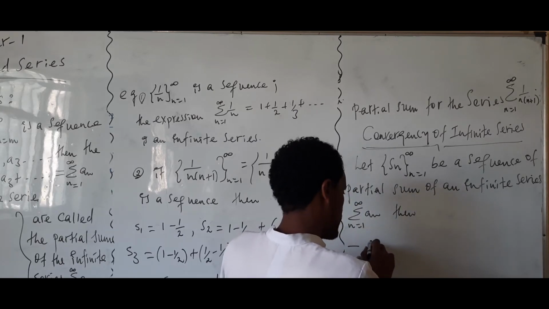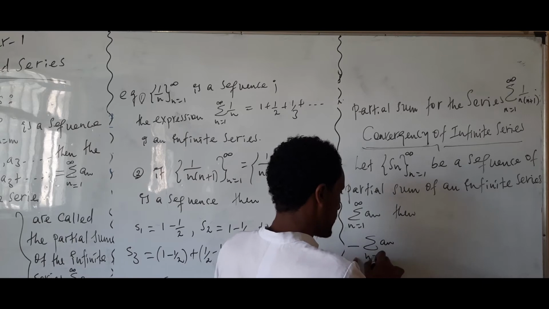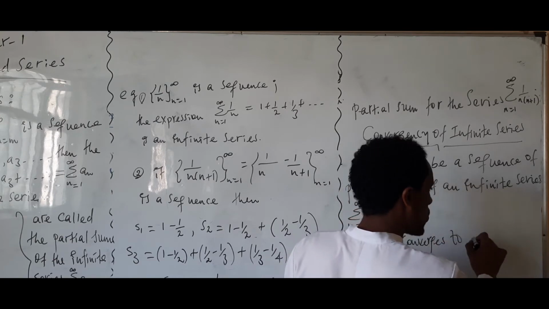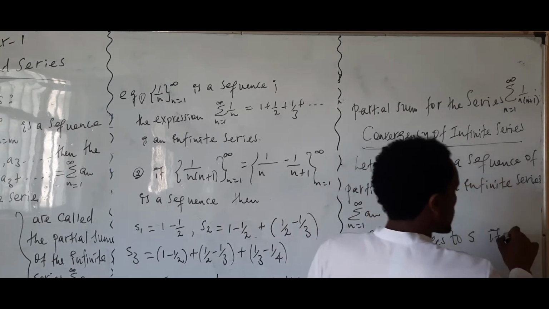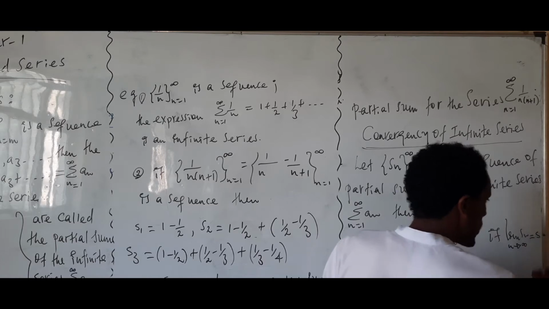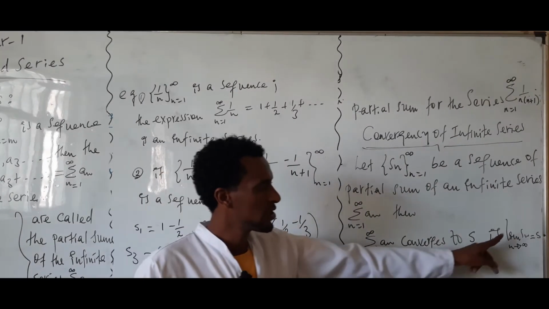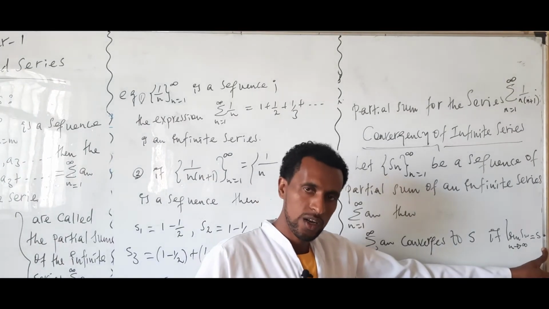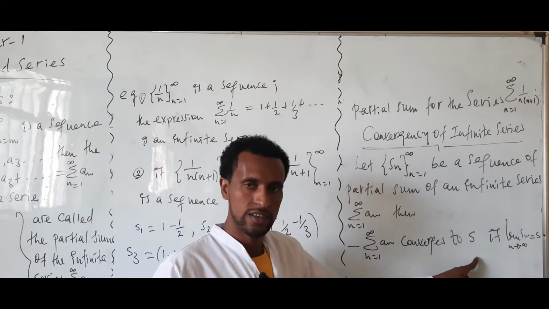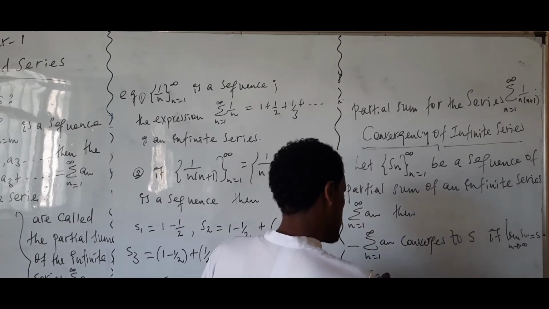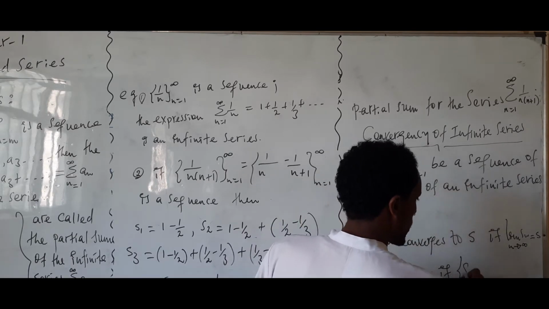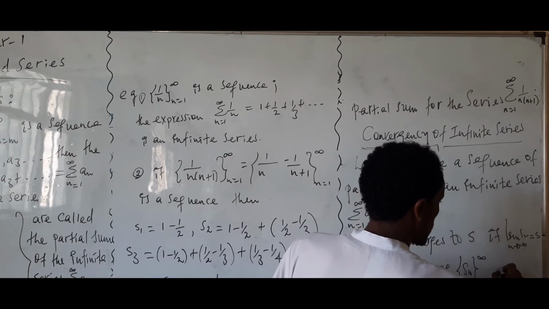Then the series sum of a_n, n from 1 to infinity, converges to S if the limit of Sn as n goes to infinity is equal to a number S. If and only if the limit of Sn as n goes to infinity is equal to a number S, we say that the infinite series a_n converges to S. And the series diverges if the sequence Sn diverges.